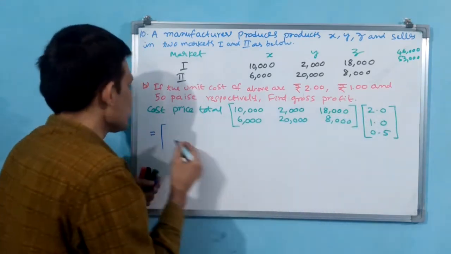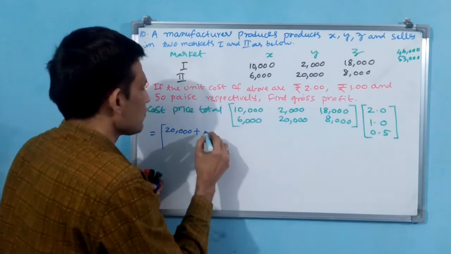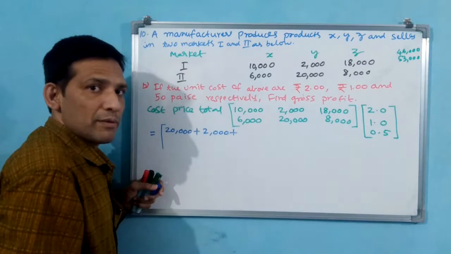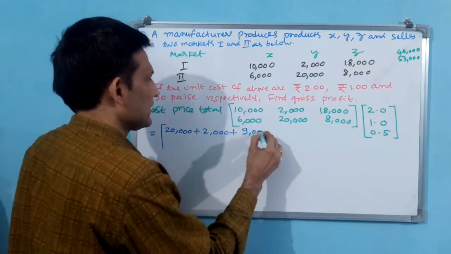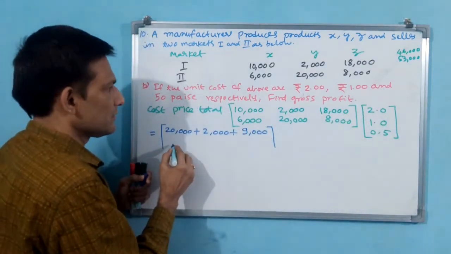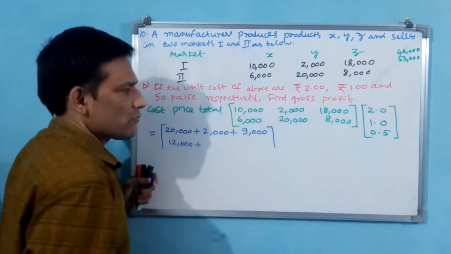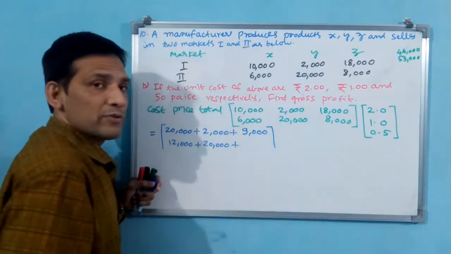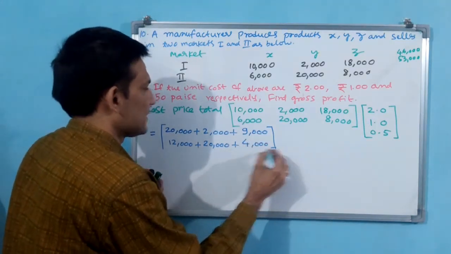10,000 into 2 is 20,000, plus 2,000 into 1 is 2,000, plus 18,000 by 2, which is 9,000. 6,000 into 2 is 12,000, 20,000 into 1 is 20,000, 8,000 into 1 by 2 is 4,000.